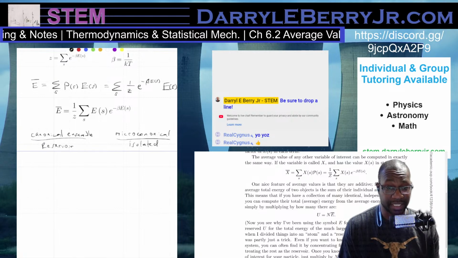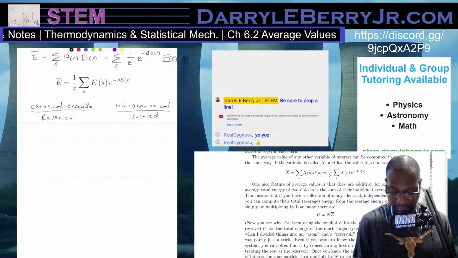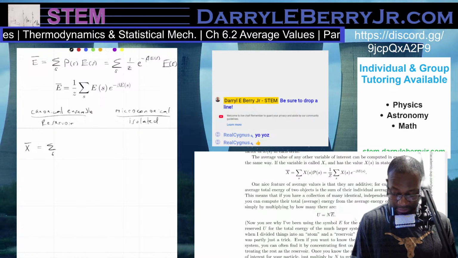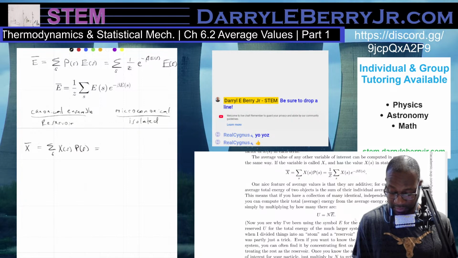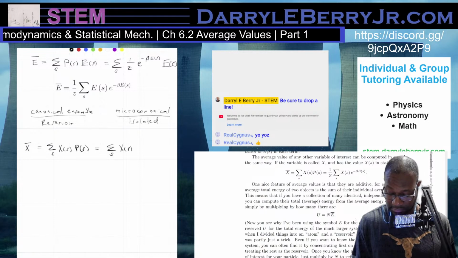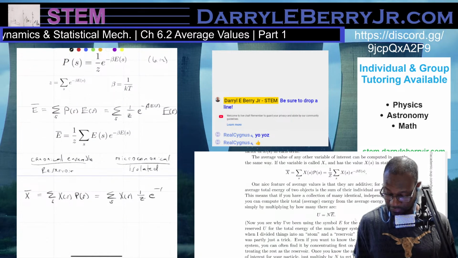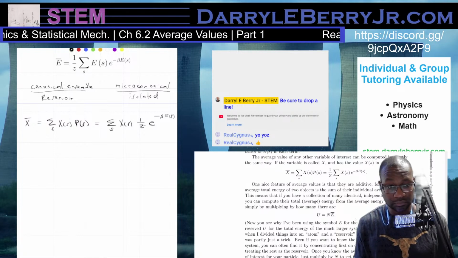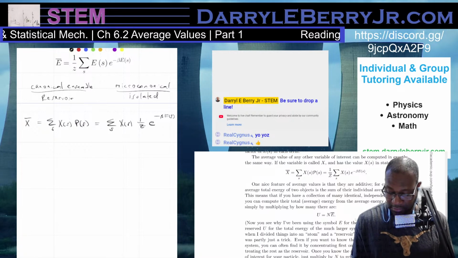If the variable is called x and has the value x(s) in state s, then the average value of x equals the sum over s of x(s) times the probability of s, which equals the sum over s of x(s) times 1 over Z times e to the negative beta E_s. 6.18.